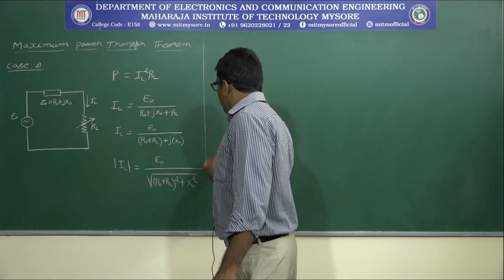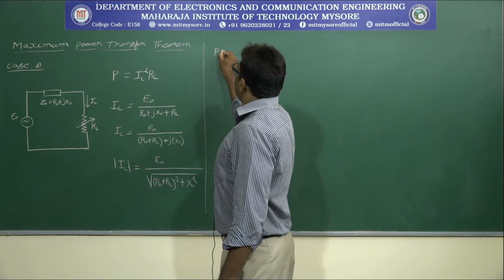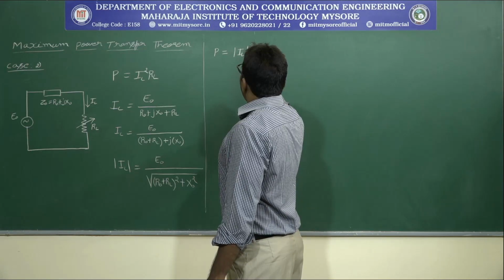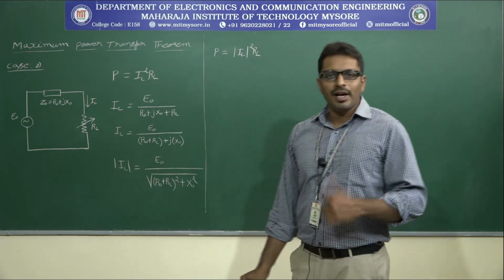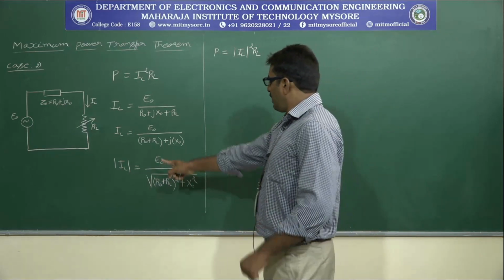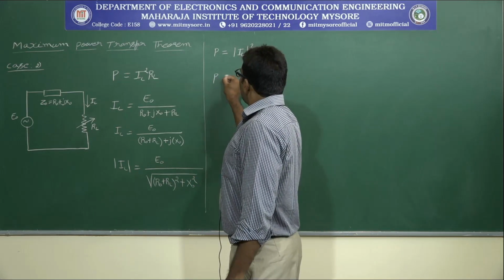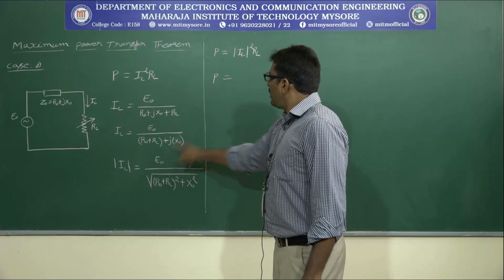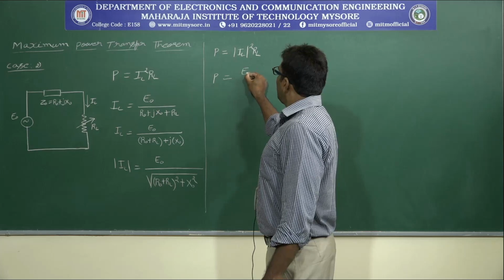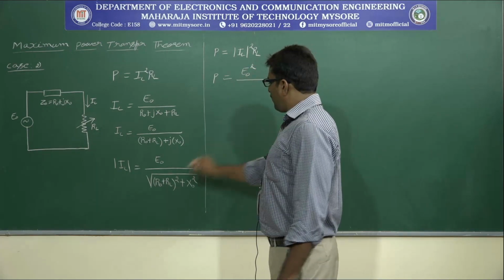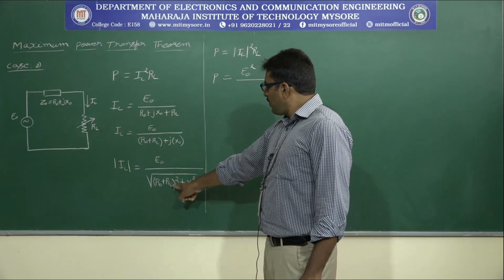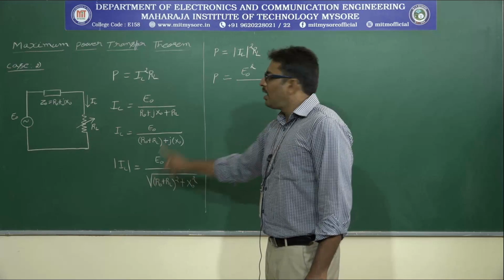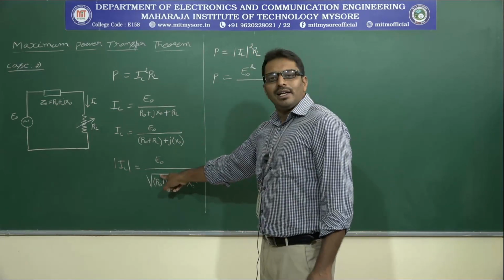Okay, now we can calculate the power received by the load resistance. So what is that? P is equal to magnitude of IL square into RL. What is the magnitude of IL square? Directly I am writing: E0 square divided by the square root of (R0 plus RL) square plus X0 square, all squared. The square and the square root get cancelled.